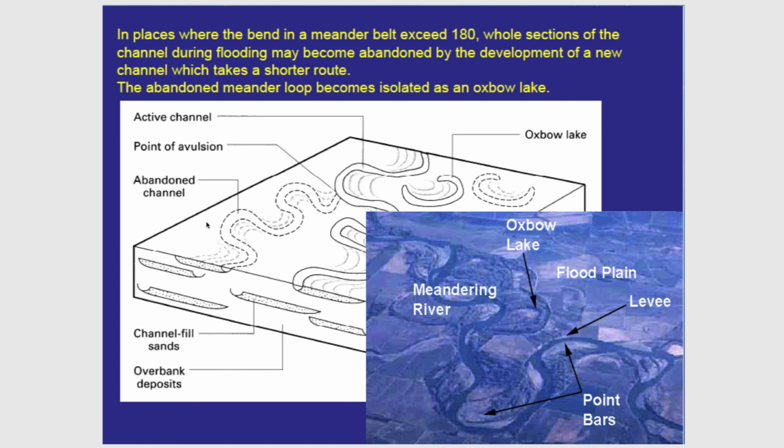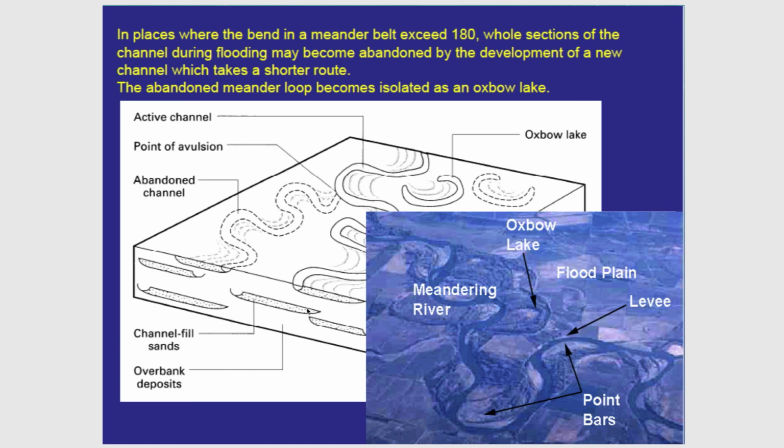And so we need to understand why this is occurring and why we form things such as oxbow lakes, which are abandoned meanders that still have some trapped water in them, so they become lakes.